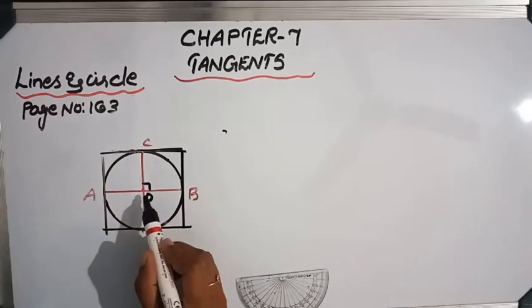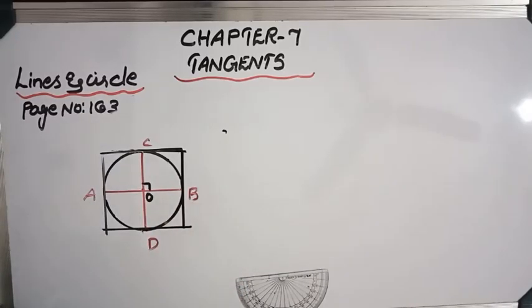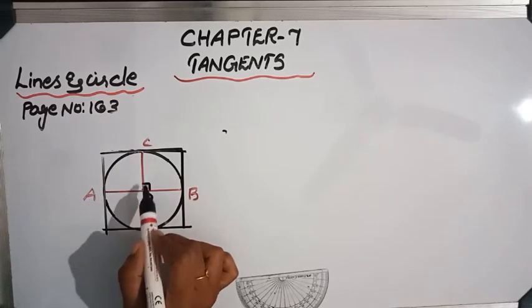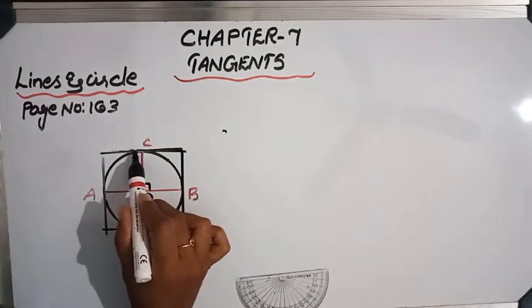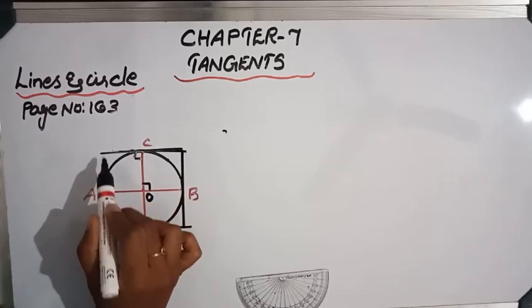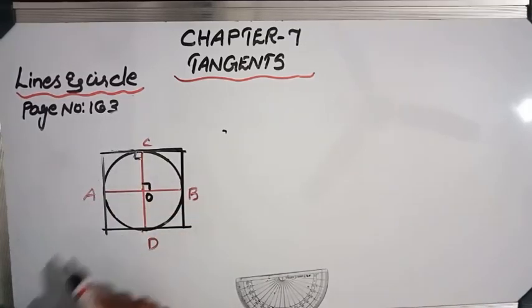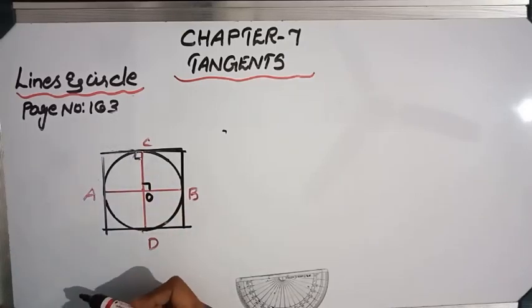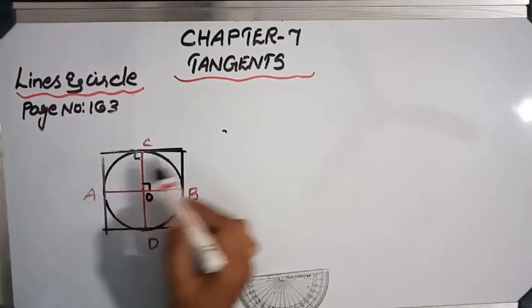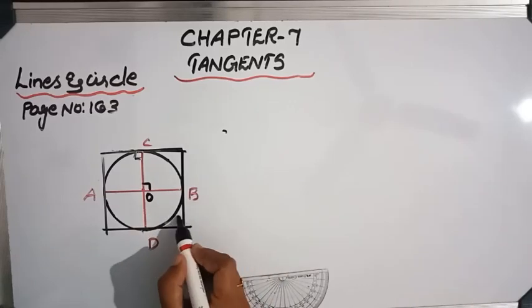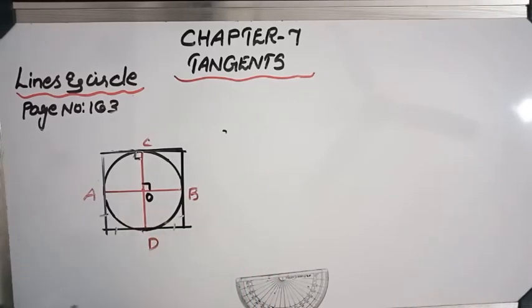Here CO is a radius and AO is also a radius. These two are radius, and this line is also a perpendicular line, so what is the speciality of these two sides? These two sides will also be equal. So these two sides equal, these two sides equal, here also the same equal measurement.